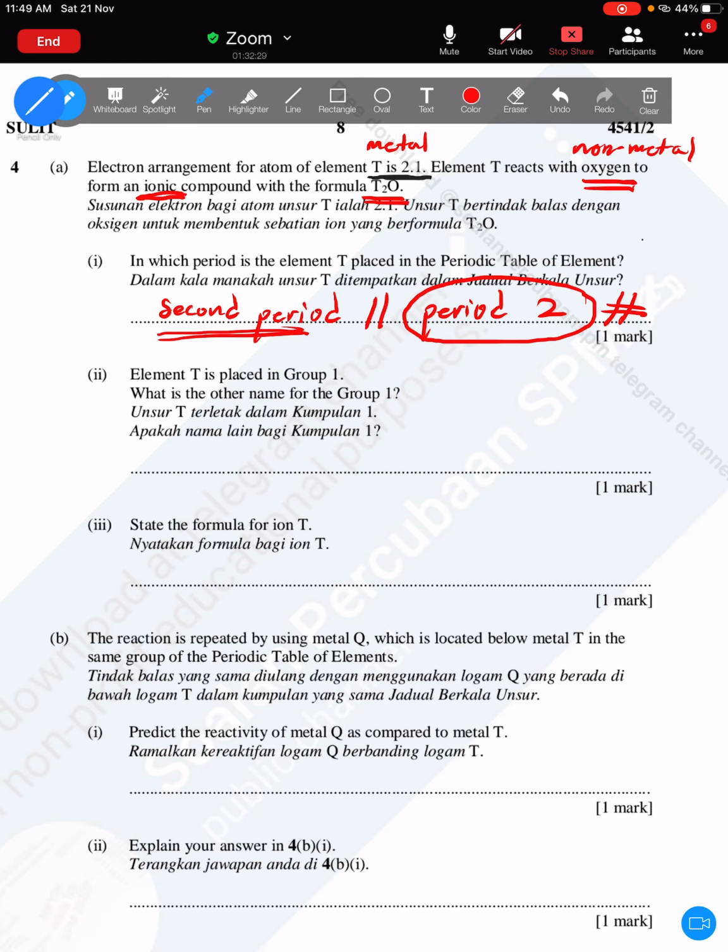Okay, next one. What is the other name for group 1? I have answered this question. Yes, it's alkali metal. Okay. State the formula of the ion. The ion is from group 1.